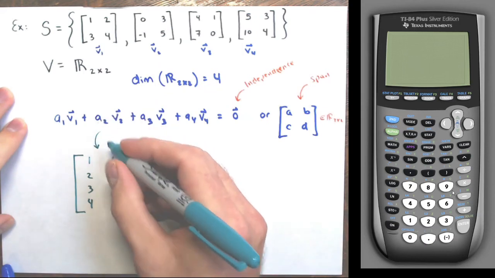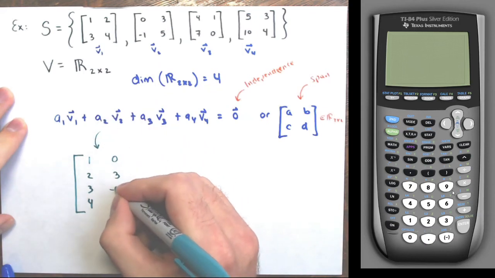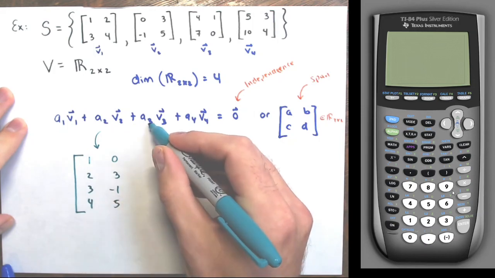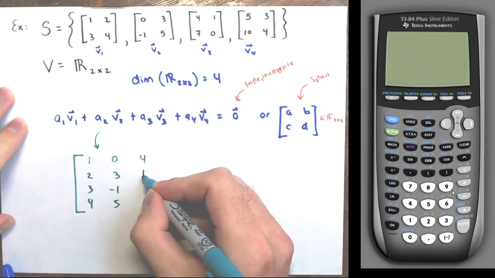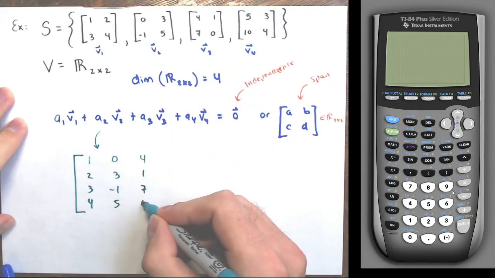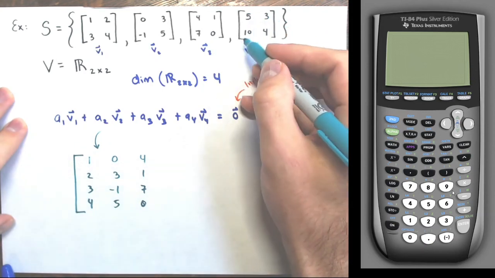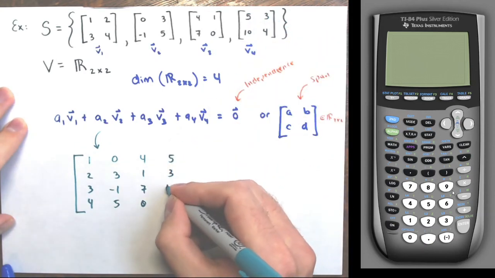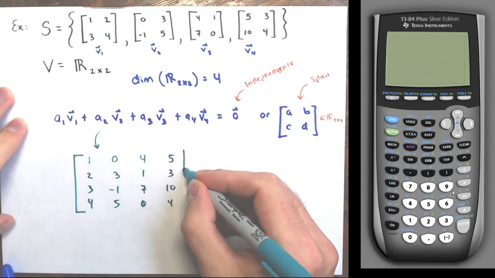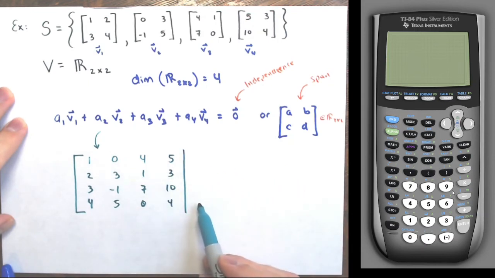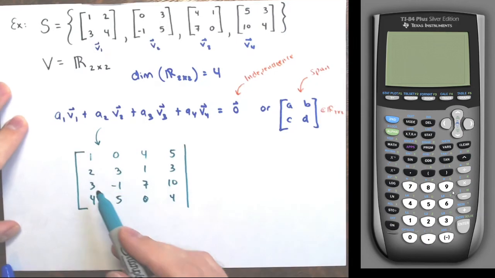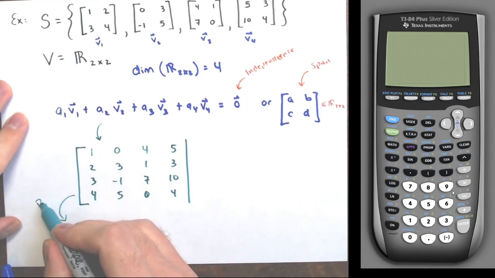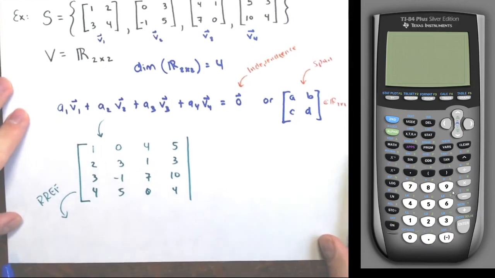These would be the coefficients of a2. For the coefficients of a3, from the third vector, 4, 1, 7, 0. And for the coefficients of a4, from the fourth vector, 5, 3, 10, 4. And a bar, and then either a bunch of zeros over here if I'm checking for independence, or a, b, c, d if I'm checking to see if it spans. Either way, I'm putting this into reduced row echelon form.